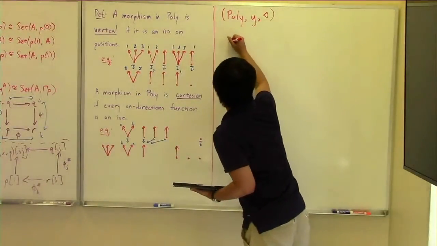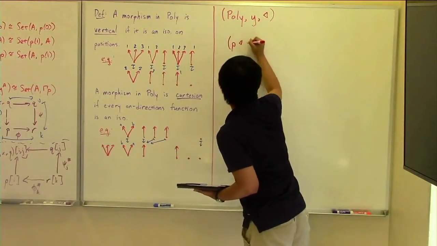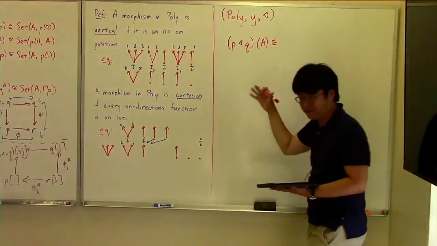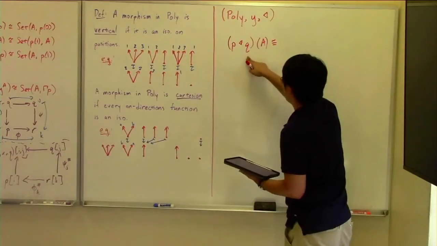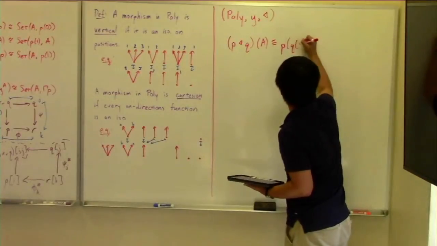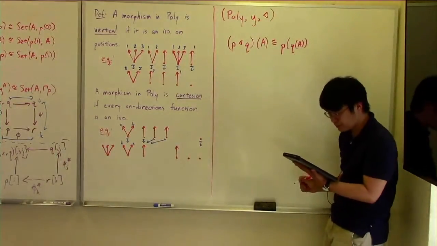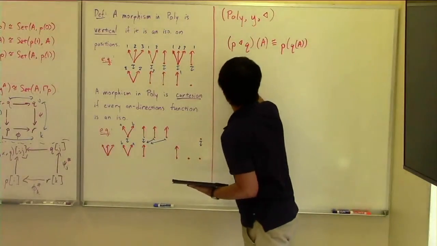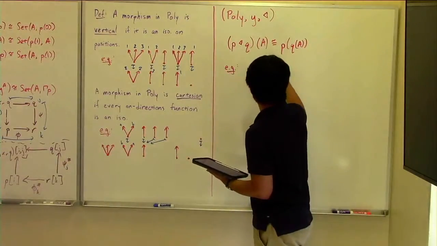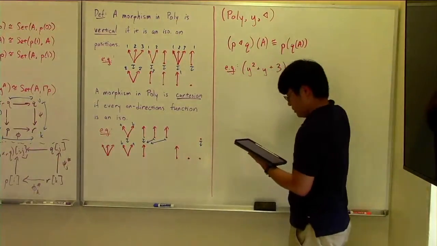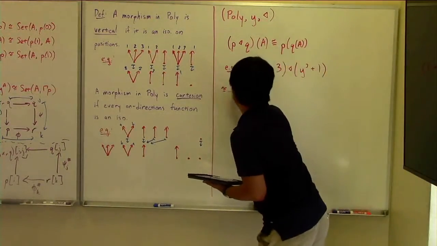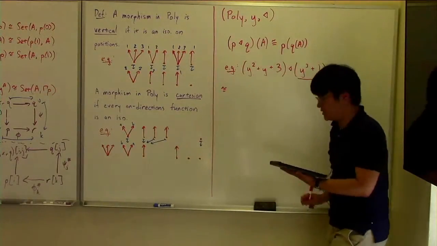But first, very simply, we define the composite of two polynomials as literally the composite of them as functors, right? So P composed Q, if we apply it to some set A, is literally just P applied to Q applied to A. And so, for example, we can take y squared plus y plus 3, compose it with y cubed plus 1, and this literally just becomes, take this, plug it in wherever you see a y.